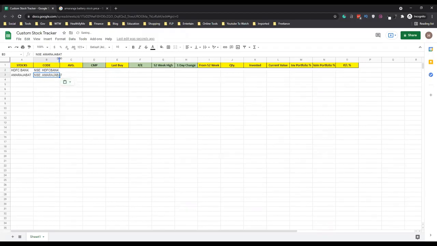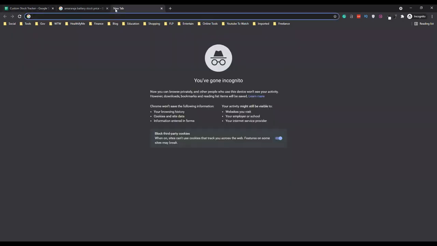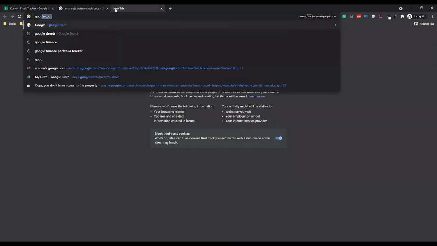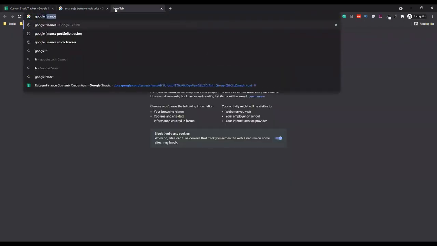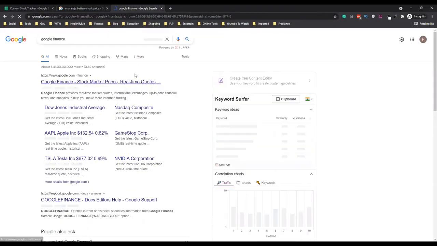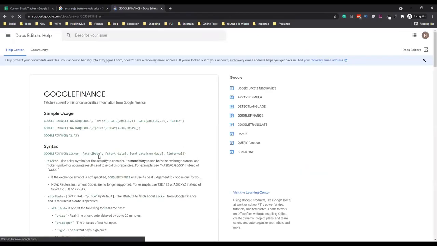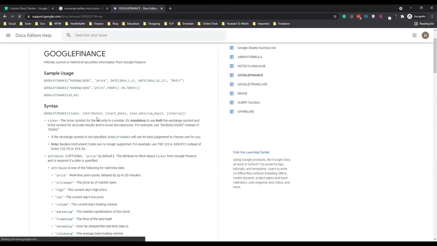So now we have got the codes. Now we will get the values. Since we are going to use the Google Finance function, let's go to Google Finance. The second link which you see over here contains all the Google Finance functions which we can use.